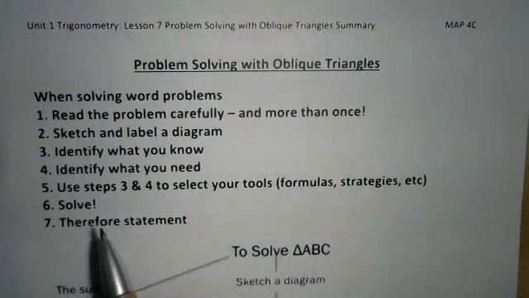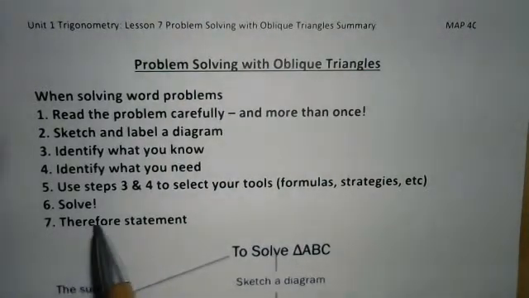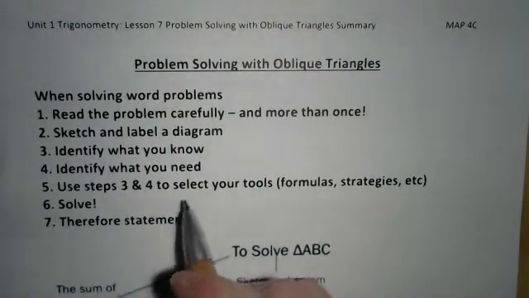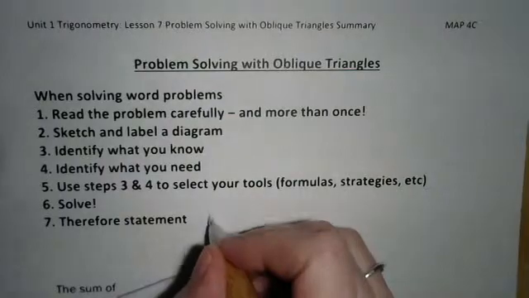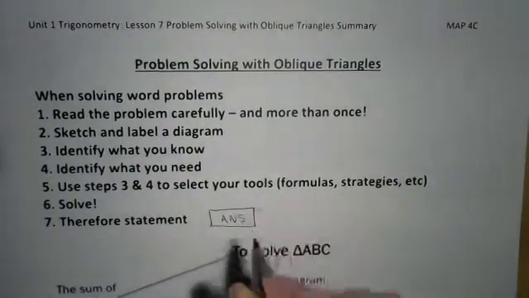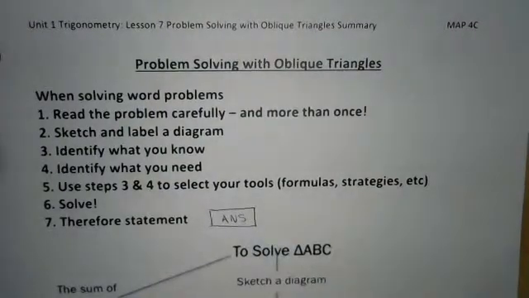When you're done solving it, make sure you write a therefore statement. Therefore statements are really necessary if you're given a word problem. In a situation where the question isn't a word problem and you're just asked to solve something, usually it's enough to put a big box around your answer.